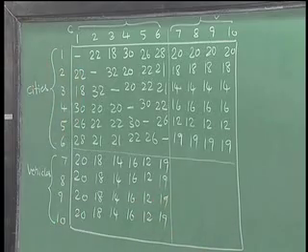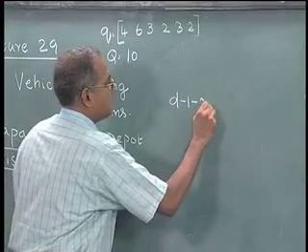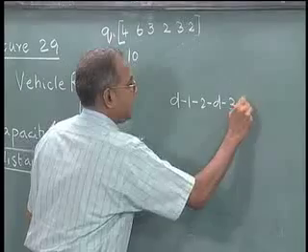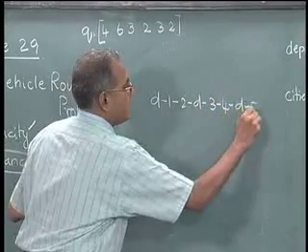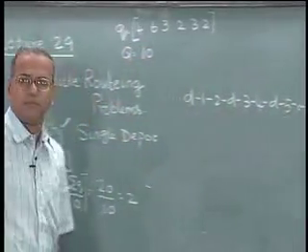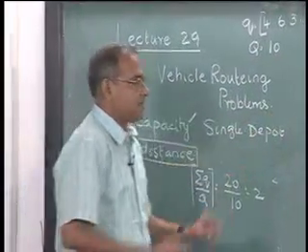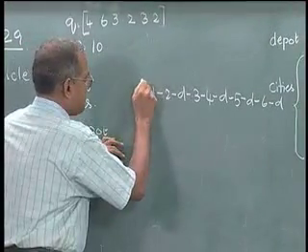Now, if we have to use all the 4 vehicles that we have, let us try and get a feasible solution that uses all 4 vehicles that we have. A simple feasible solution would look like this: D 1, 2, D, 3, 4, D, 5, D, 6, D. Now, this is a feasible solution, which means that vehicle 1 starts from the depot.